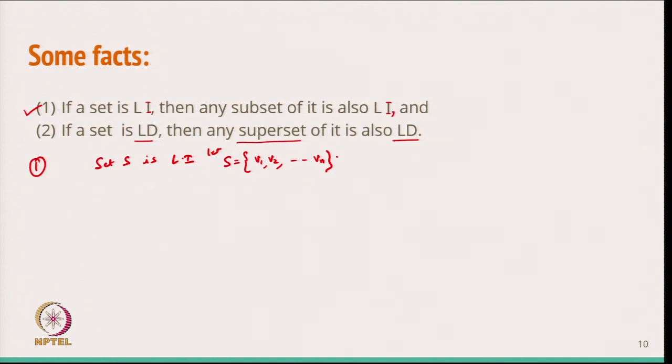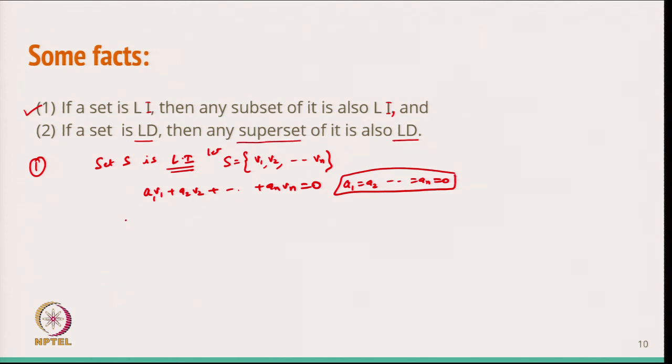So, if I take A1 V1 plus A2 V2 plus up to An Vn equal to 0, then all my A1, A2, up to An are 0. That is the meaning of linearly independent.